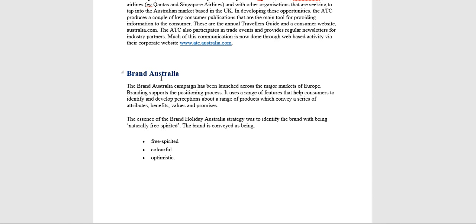First one is free spirited. You can come to Australia as a tourist, you can visit various places here, and you can feel free, you can feel independent here. Second one is colorful. They want to convey their beaches, outback, rainforest, city lifestyles. So these are the portions of the colorful that they want to convey. And third one is optimistic.